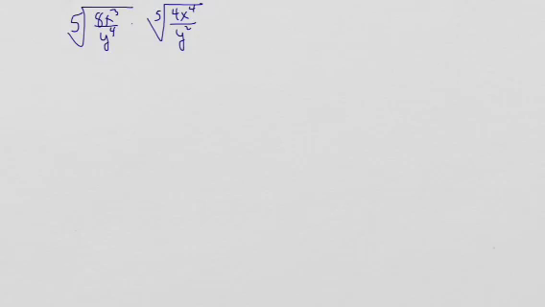Okay, so the first thing that I would recommend is to rewrite each factor using rational exponents. So I know that's going to be 8 to the 1/5 times x to the 3/5 all over y to the 4/5.